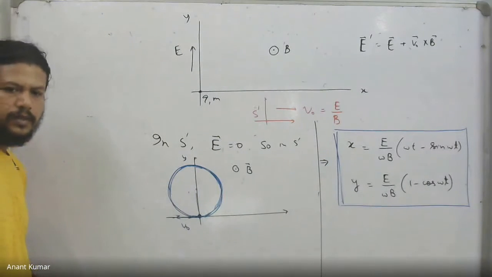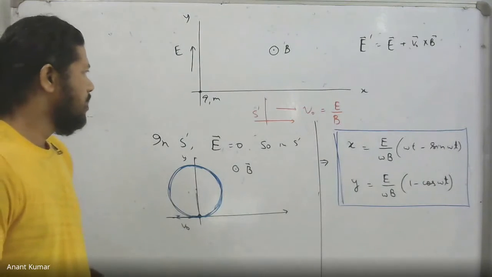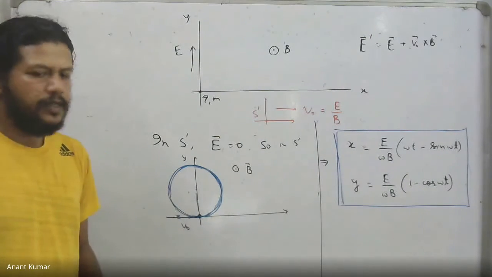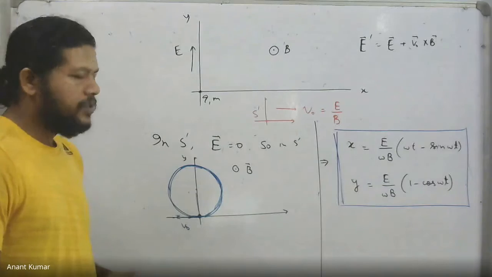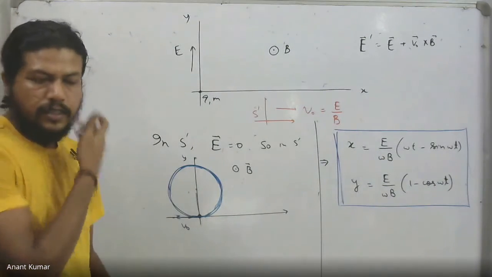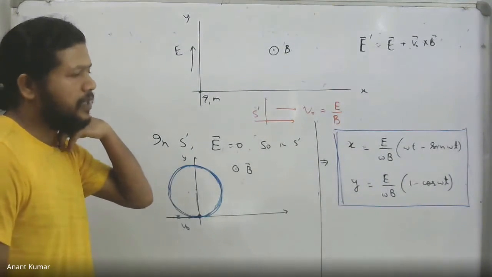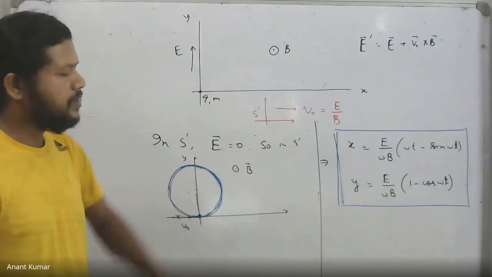Okay, S prime. I said that S prime is a reference frame we have chosen in which we want E to become 0. In the last class we obtained that if it is a moving reference frame, then the electric field changes, and the electric field is given by that equation.